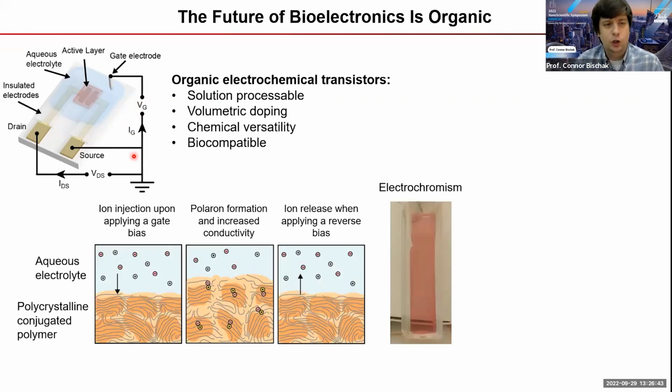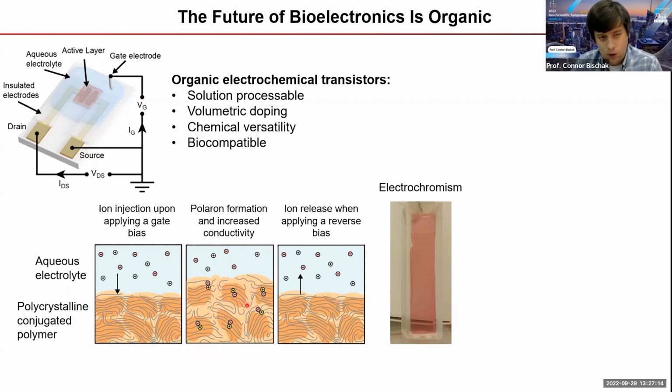The cartoon picture of how these devices work is that you have your device in an aqueous electrolyte. We have our ions in our electrolyte, and we put this essentially in an electrochemical cell. As we apply a bias, we inject holes or electrons from our underlying electrode, and ions then need to penetrate into the polymer layer to match with these electrons or holes to form these ion-polaron pairs.